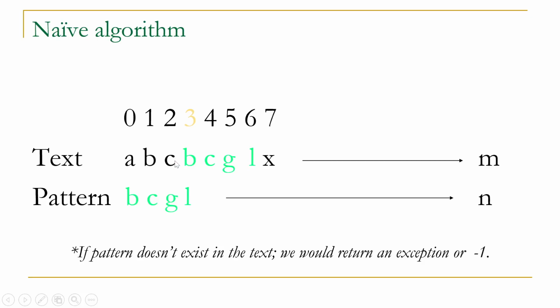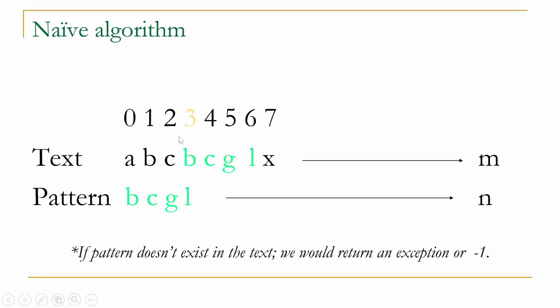Then we increase both text and pattern index, where c and c is matched, and g and g, and l and n is matched. This is how the naive algorithm works.